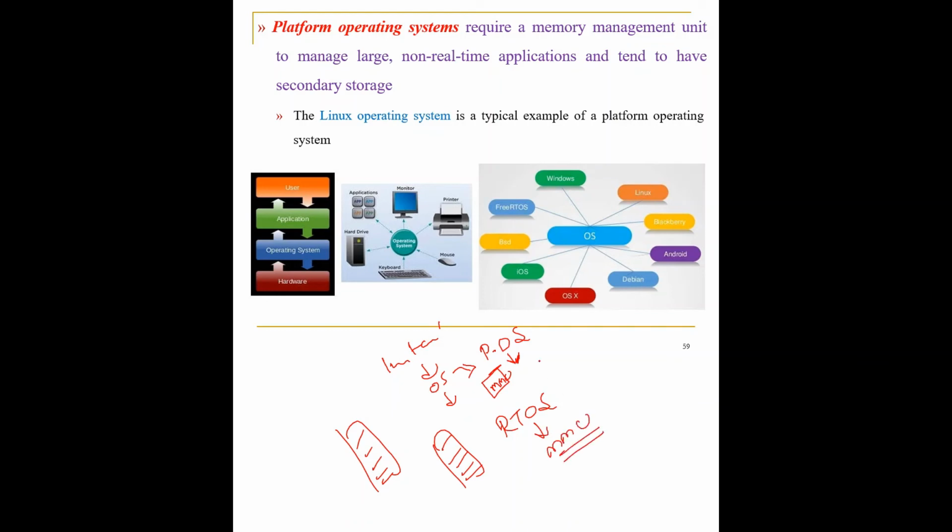It is not only that the platform operating system should have the memory management unit. That is up to your requirement. If your embedded system needs a memory management unit, you can have it. But again, the problem here is it will not only have the primary memory, it will also have a secondary memory. So memory management is a big task in the case of your platform operating system.